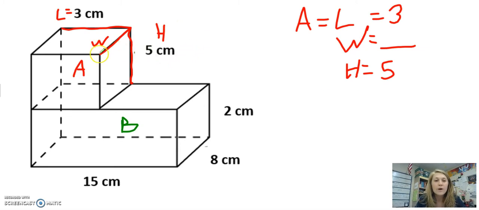For instance, when I look here at this rectangle, and I see that this side here is 5 centimeters, I also know that this side over here is 5 centimeters because opposite sides are congruent. In the same way, I know that this side right here is congruent to this side down here. Unfortunately, I don't know what the length is, but I can continue to use what I know about rectangular prisms to help me find it.